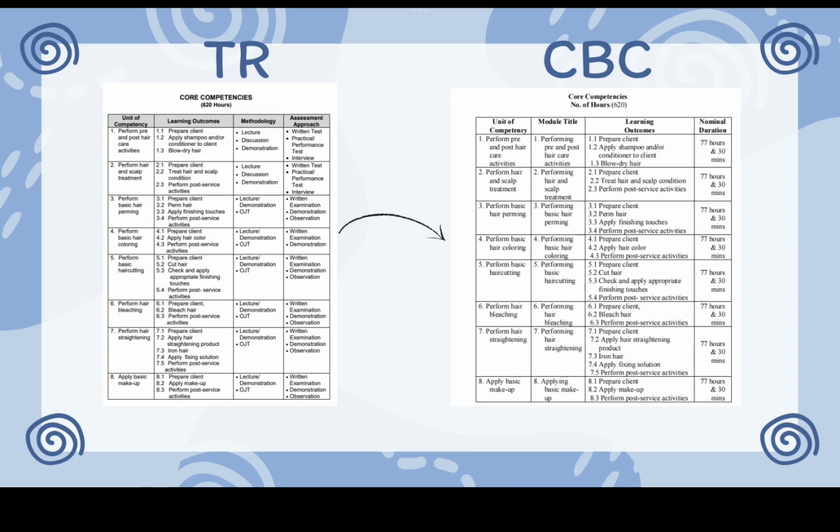The core competencies make up the largest part of the course, with a total of 620 training hours. These competencies focus on the actual technical skills required in hairdressing services. Some of the major competencies include performing pre and post hair care activities, performing hair and scalp treatment, performing basic hair perming, performing basic hair coloring, basic hair cutting, hair bleaching, hair straightening, and basic makeup.